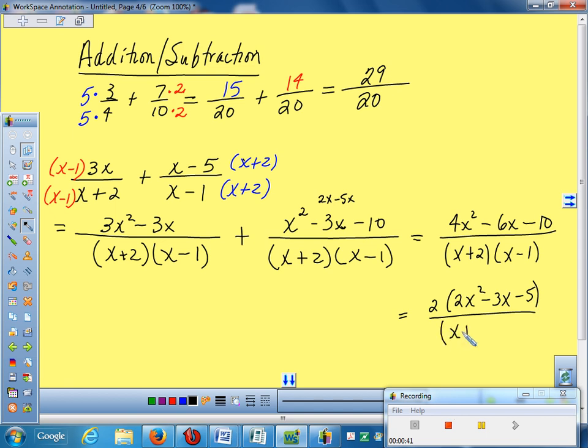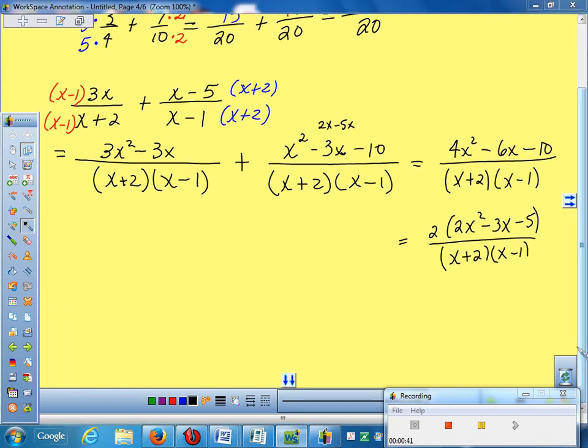Now, will that factor? I'm going to run myself out of room here. No. Maybe? Yeah, it kind of looks like it might. It'd have to be 2x and x, wouldn't it? It's got to be a 5 and a 1.